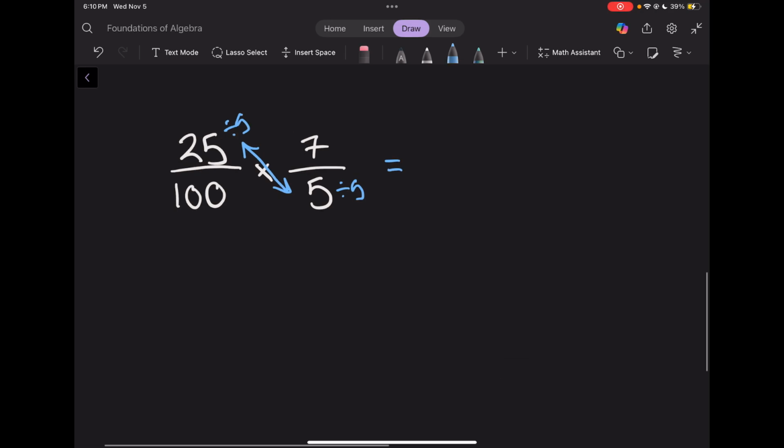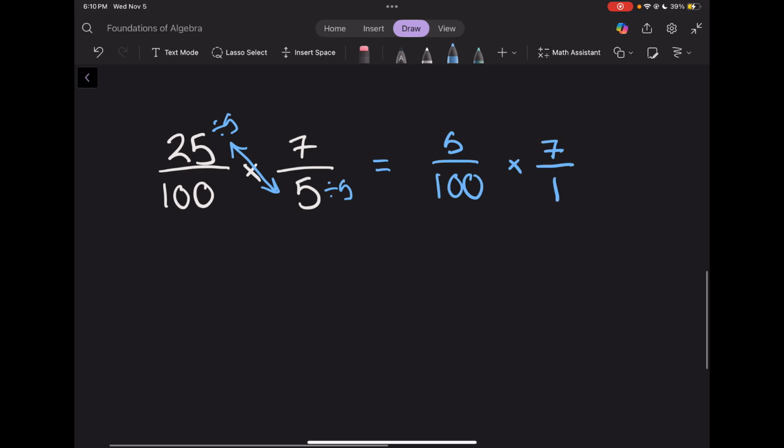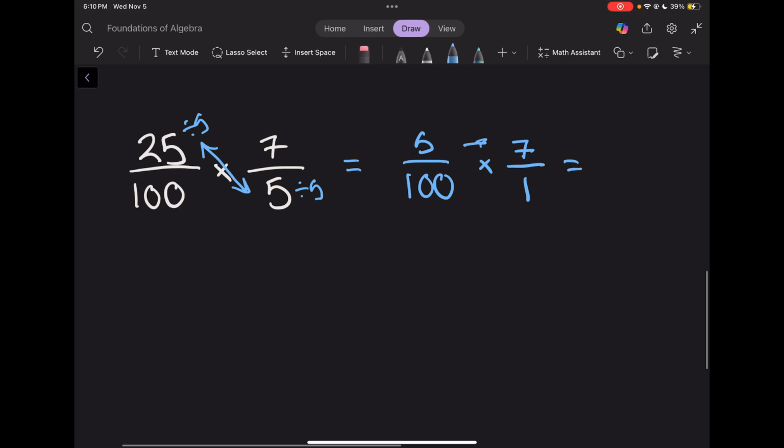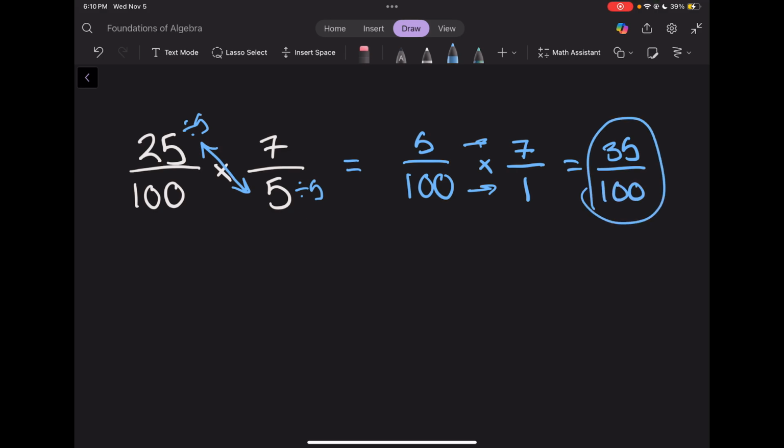So then it becomes 5/100 times 7/1. And then I can multiply across, and I get 35/100 as my final answer. Let's do it this way: 25 times 7 over 100 times 5.